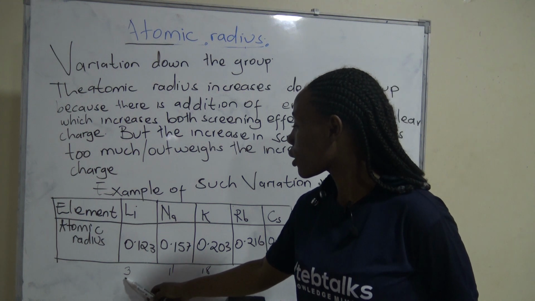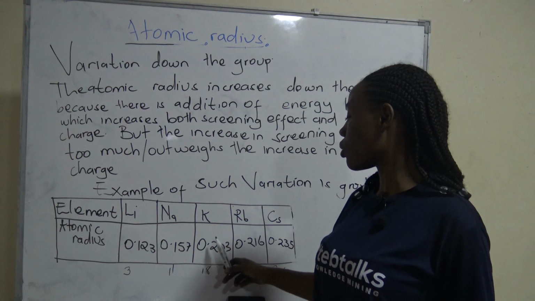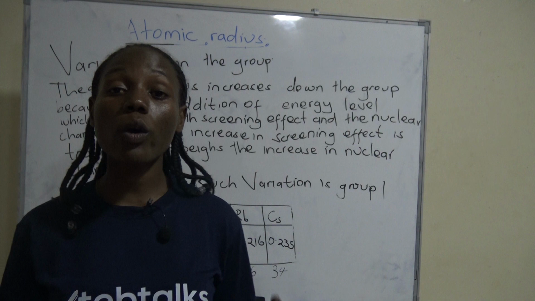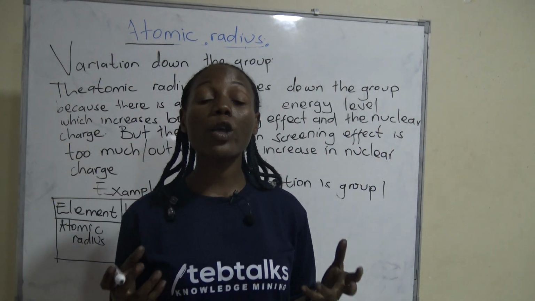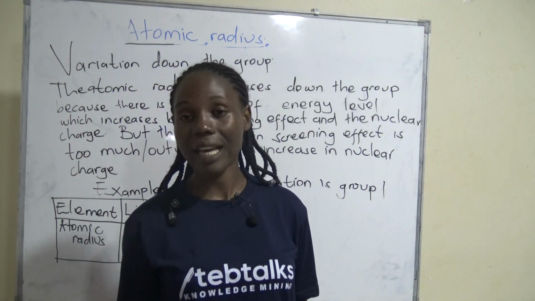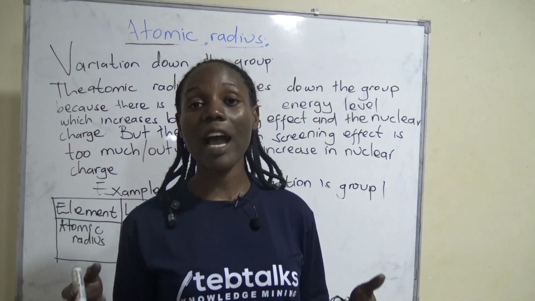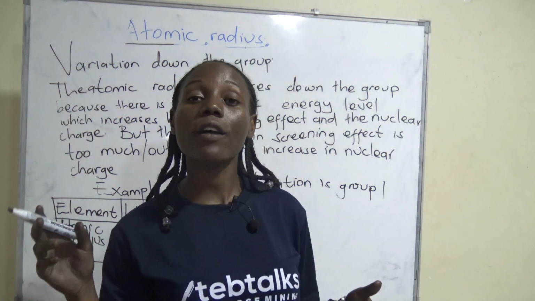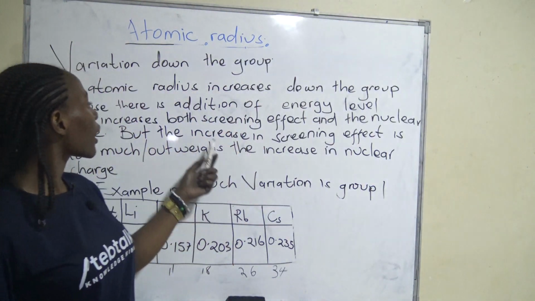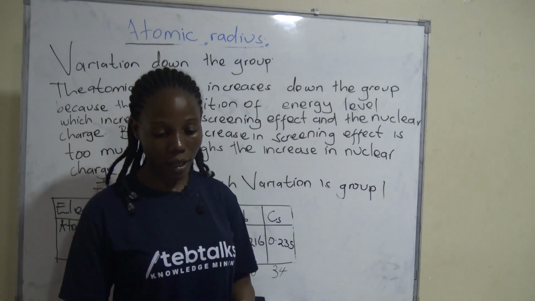So lithium has 2 shells, then 3, 4, 5, 6 shells. The more shells you add, the more you increase the screening effect. We say that screening effect is the tendency of inner electrons shielding off attraction of the nucleus for the outermost electrons. And that ends up bringing about the increase in the atomic radius down the group.